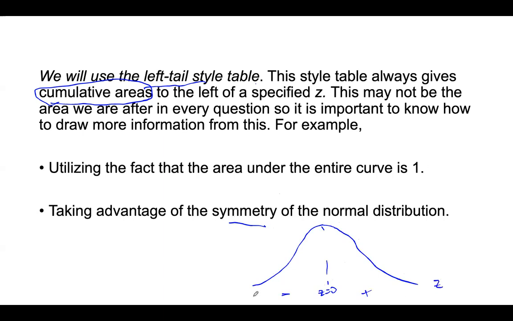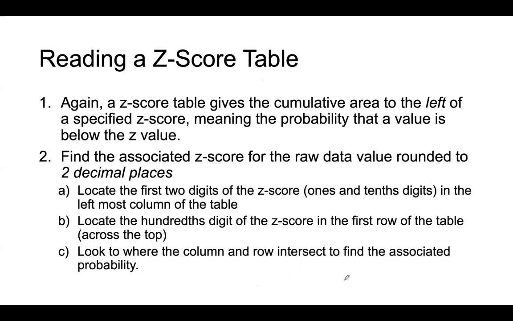Imagine there's a line here; I'm not going to draw it because my handwriting's a little wobbly. There are negative values on this side and positive values on the other, and it's symmetrical. So we take advantage of the symmetry to help us find these Z values.